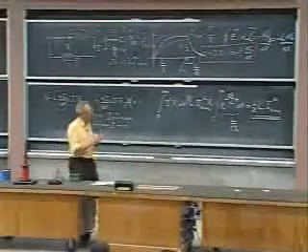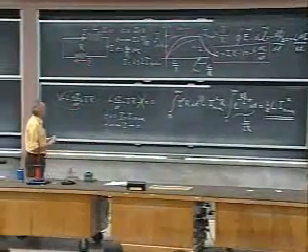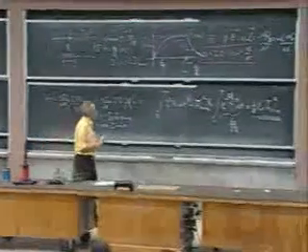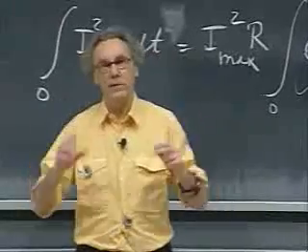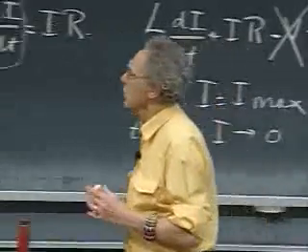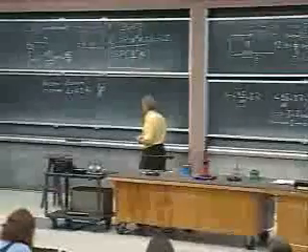By manipulating numbers, I can now calculate how much energy there was in that field per cubic meter, because the magnetic field was exclusively inside that solenoid.